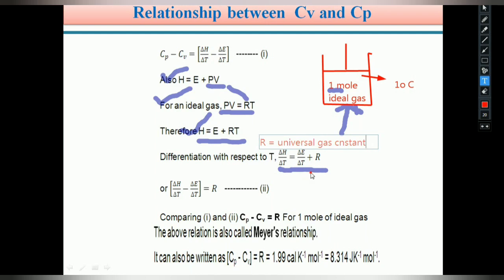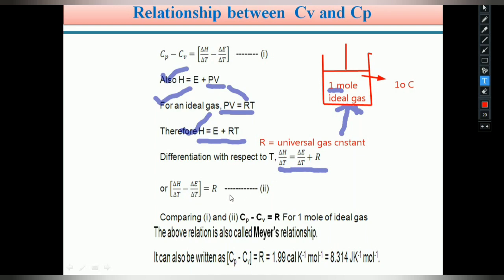Therefore delta H by delta T equals delta E by delta T plus R. Bringing delta E by delta T to the left side, the equation becomes delta H by delta T minus delta E by delta T equals R.